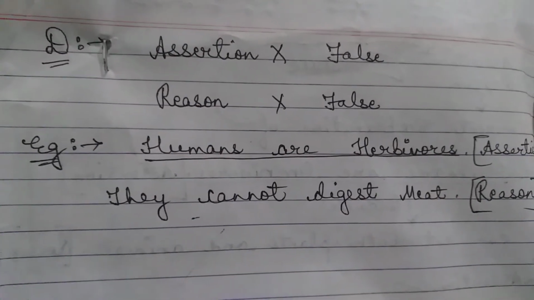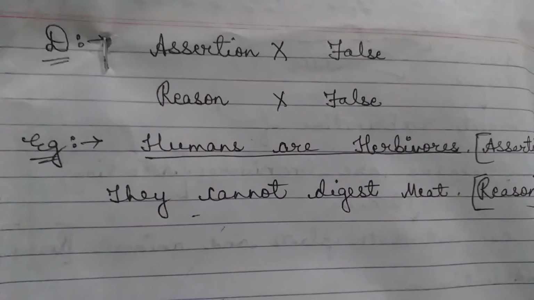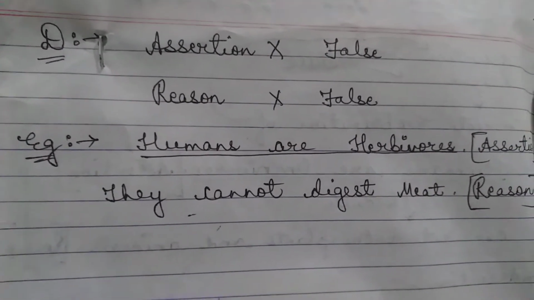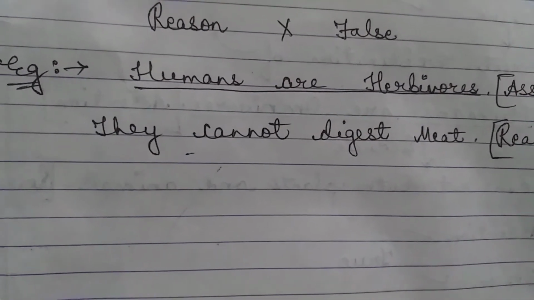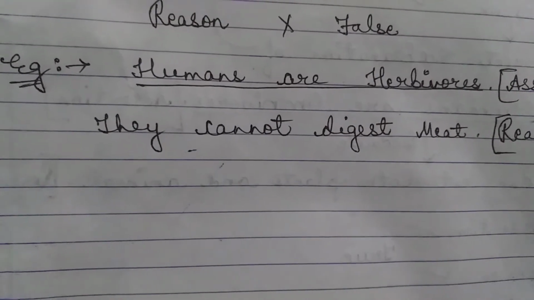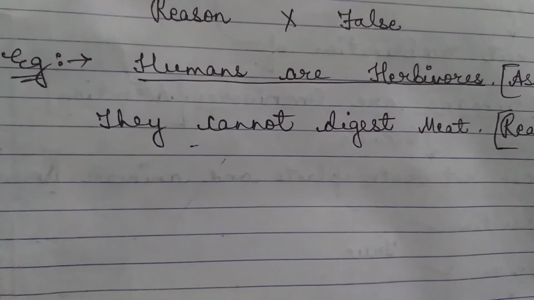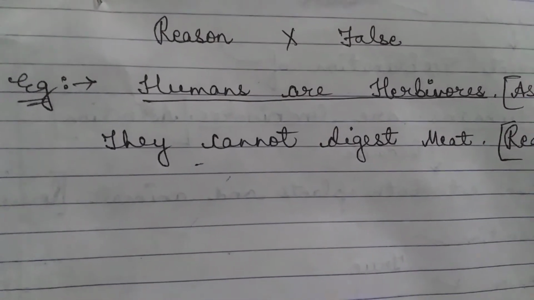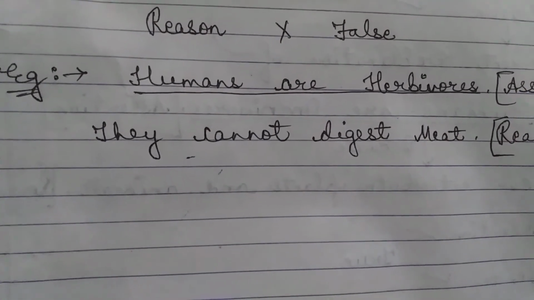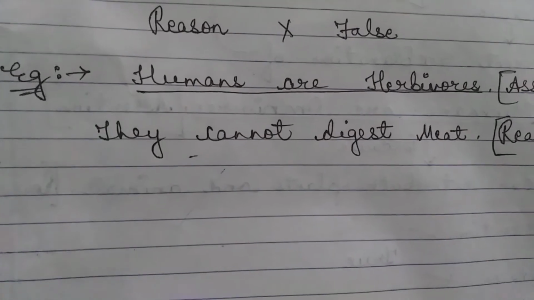And the reason given here is they cannot digest meat. Yes, it's true, they cannot digest meat. So if the assertion is false and the reason is also false, you can easily mark your answer as D.